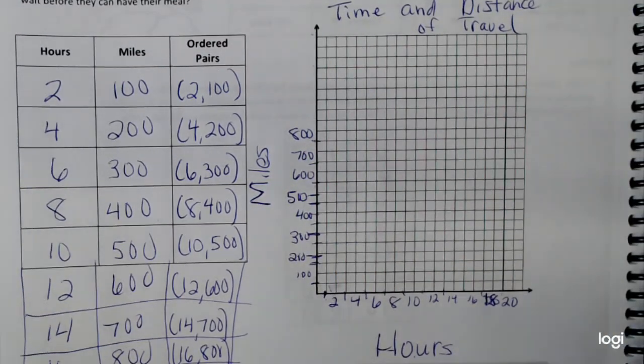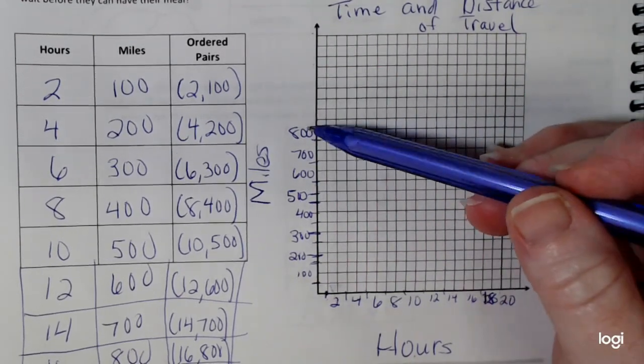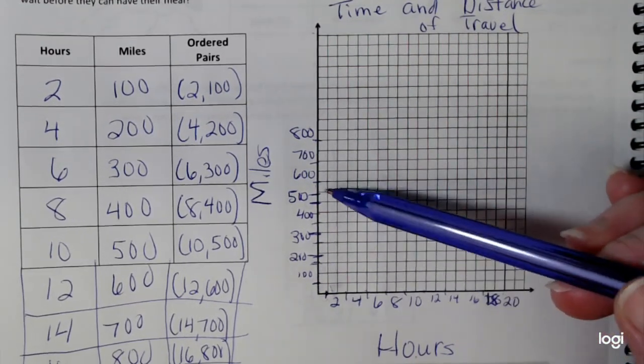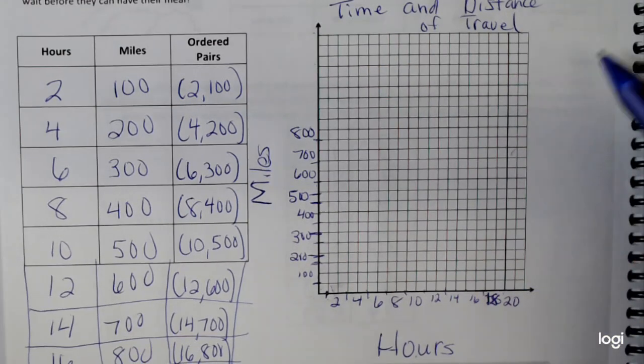Okay, so we have to have our pattern, and my pattern over here is counting by 100s, but I wanted to skip lines to make it a little bit easier since the graph that they've given us is so small.